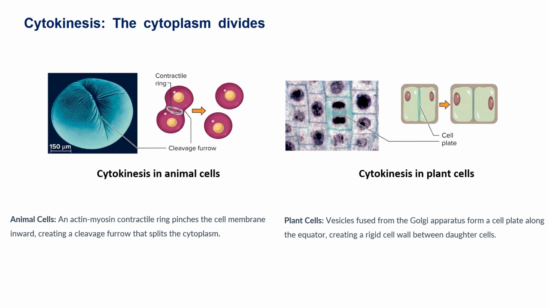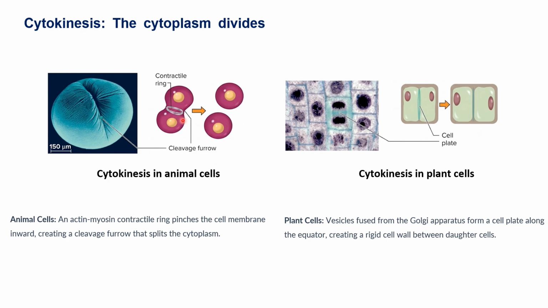When it comes to animal cells, after chromosome separation during mitosis, the cell marks its midpoint and builds the actin-myosin contractile ring, which is anchored to the inner surface of the cell membrane. When this ring contracts, the membrane is pulled inward, forming the cleavage furrow. This furrow deepens continually until the opposite cell membranes meet in the center.